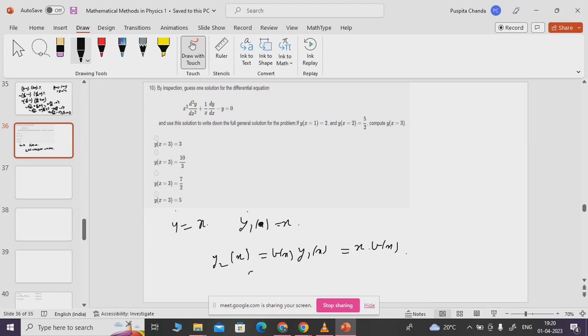So y2 x we can write is vx into y1 x. So we can write it x into vx.